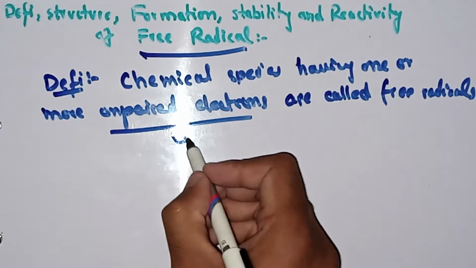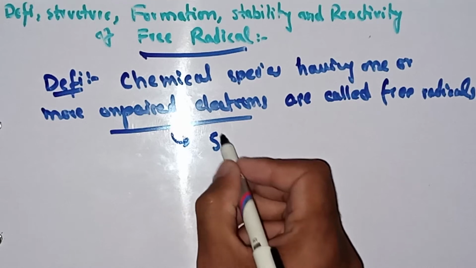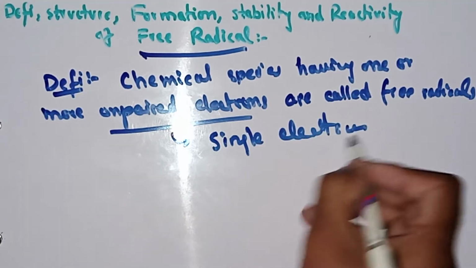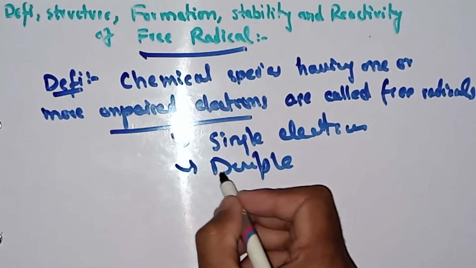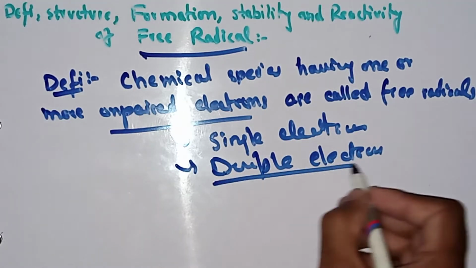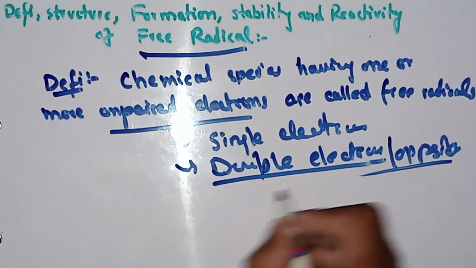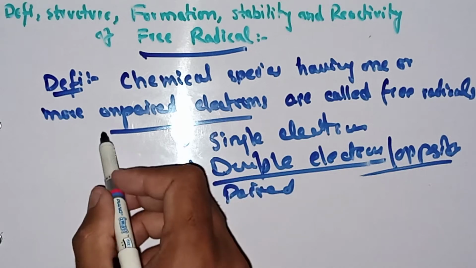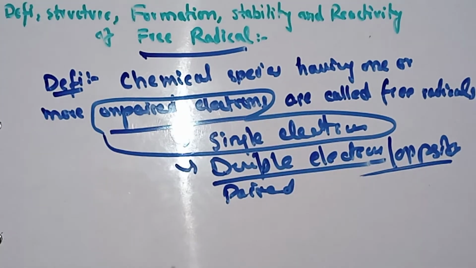What is meant by unpaired electron? Unpaired electron means a single electron. An electron pair is only present when there are two electrons in a single orbital having opposite spin, while an unpaired electron is a single electron in any orbital.